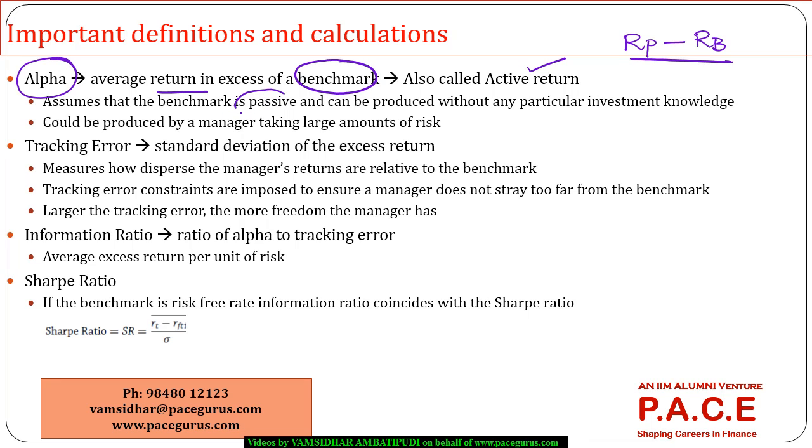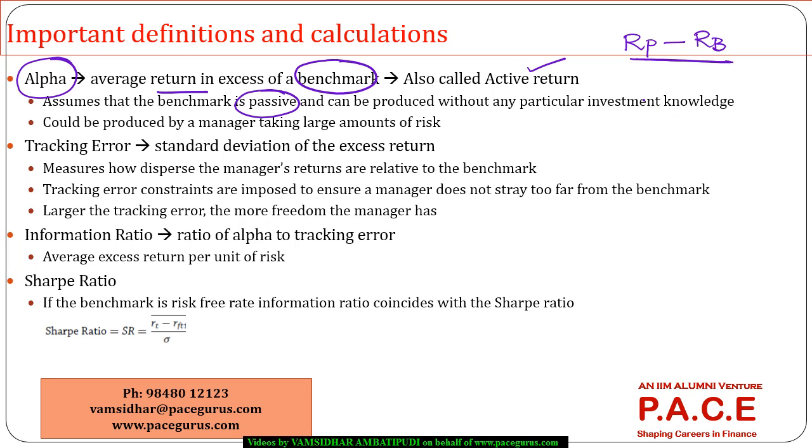Now here the major assumption is the benchmark is passive, which means the composition of the benchmark does not keep changing dynamically. The composition of the securities in the benchmark is more or less passive. Only once in a while the composition of the benchmark is going to change. It's not active.